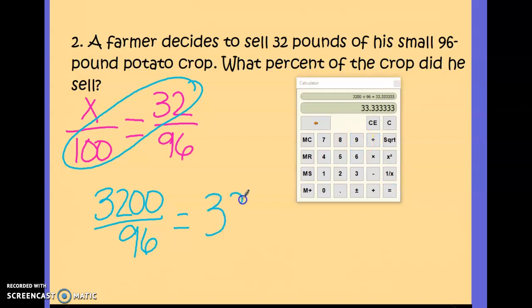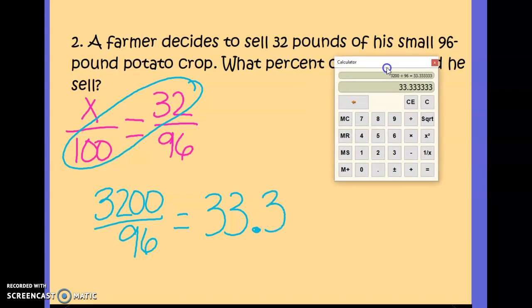Now we get a repeating decimal. Always get into the habit of rounding to the tenth place. So it's going to be 33.3 with a line over it to show that it is a repeating decimal.